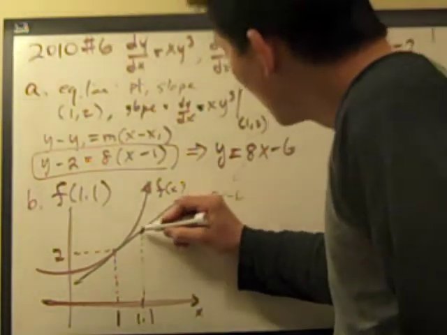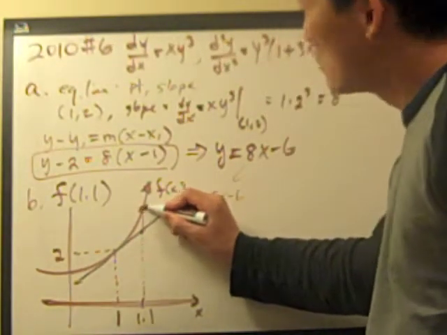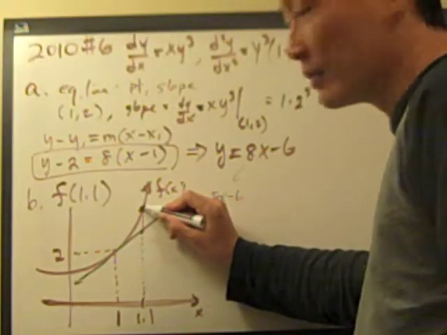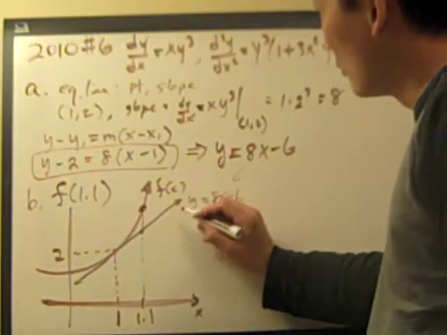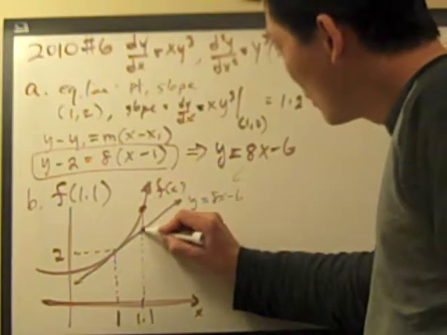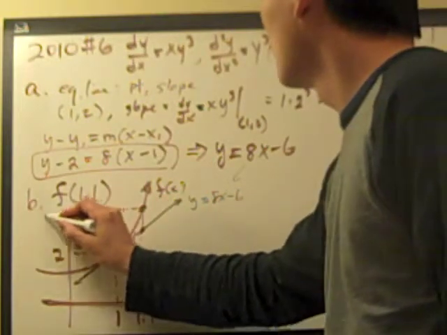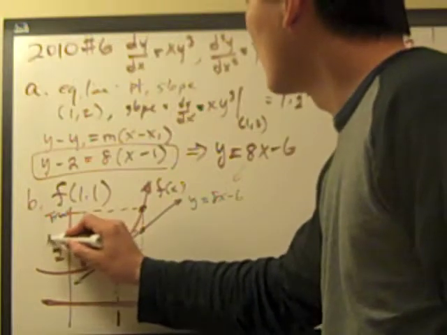So the idea is that your real answer is right here. This is the real answer, but we have no way to get to it because we don't have an equation for this function. But what we do have is this tangent line, which gives us this value. This is a true value, but this is the approximate value.